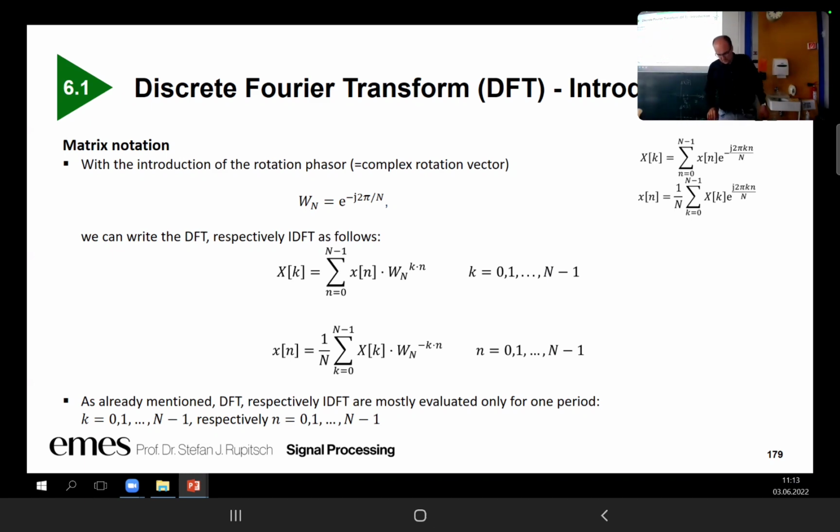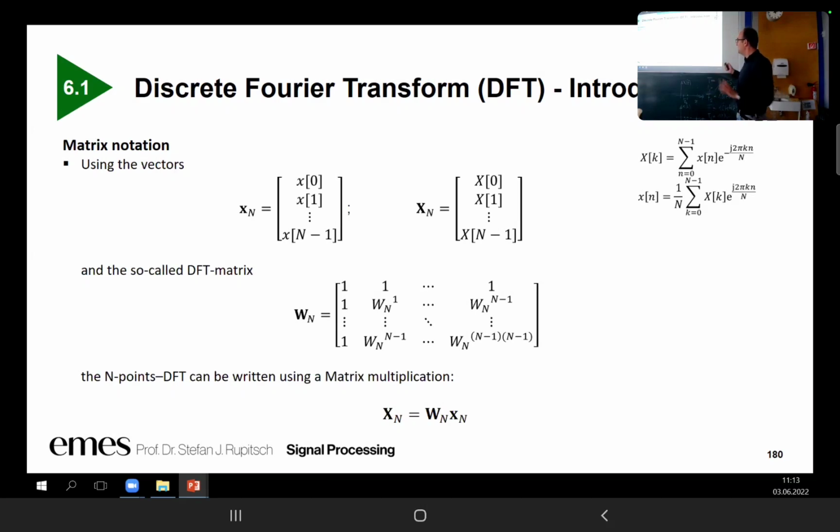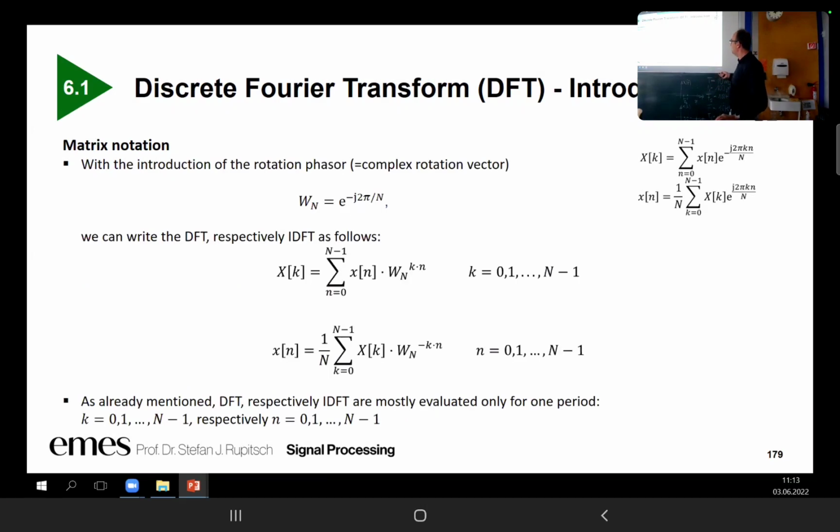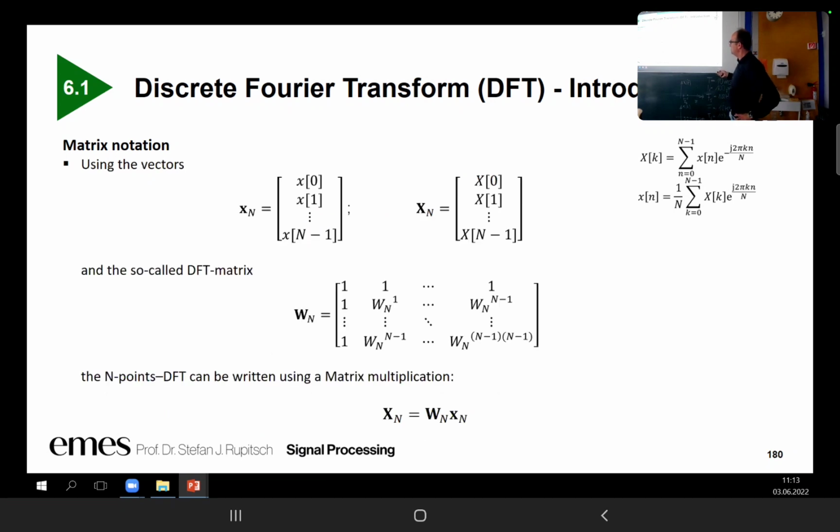We have here the discrete Fourier transform and the inverse version. And now we use vectors instead of our signal sequences. We use the vectors bold lowercase x of n, and here bold uppercase X of n.